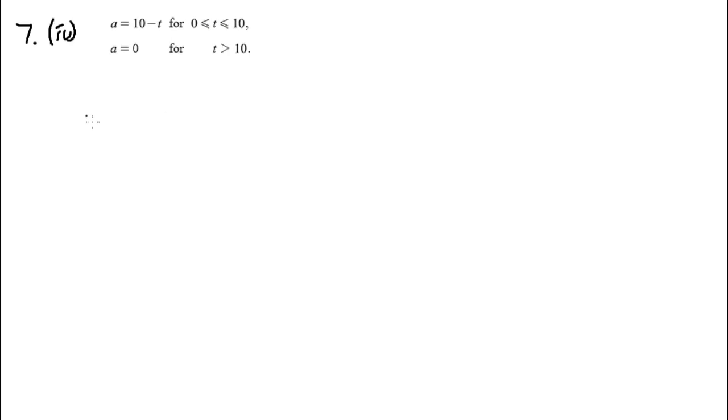So part 4, we need to find the time at which it hits the ground. We know that in the first 10 seconds, the box has dropped, and from the previous question, this is the height at which the box is at time t equals 10.